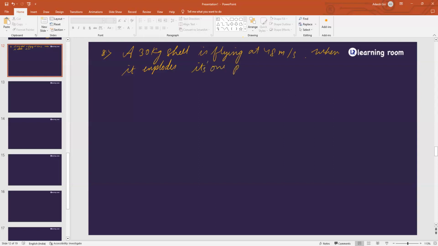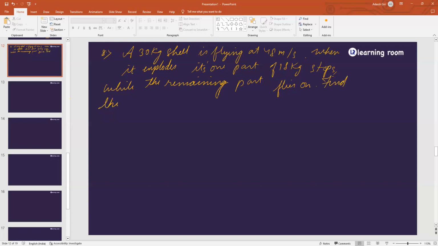One part of 18 kg stops, while the remaining part flies on. So one part stops and the remaining part flies on. So you have to find the velocity of the latter. Let us solve this. This is easy.